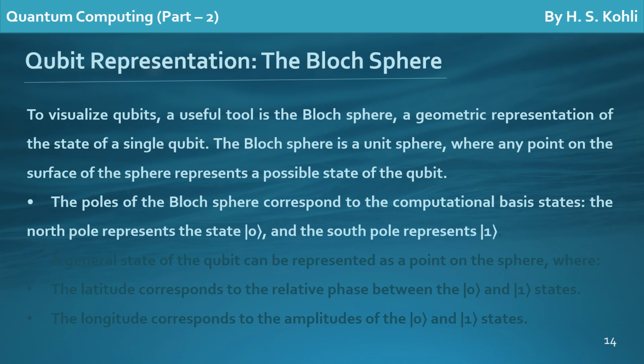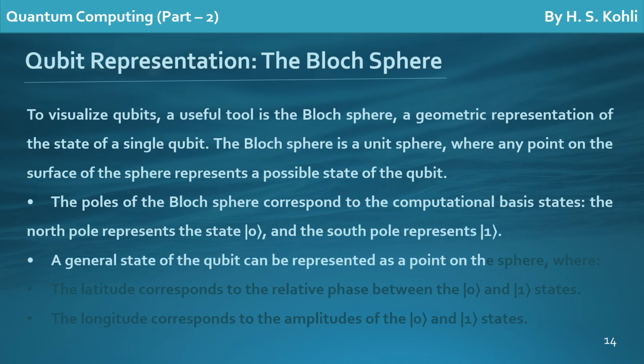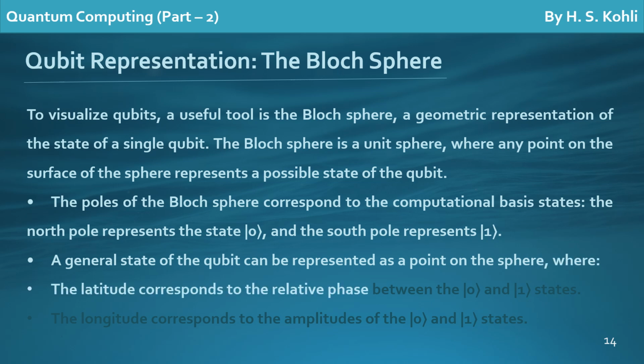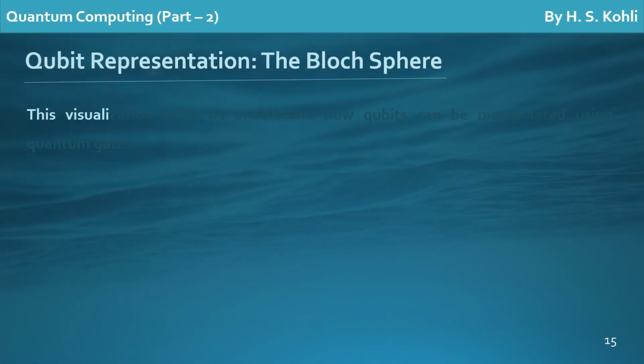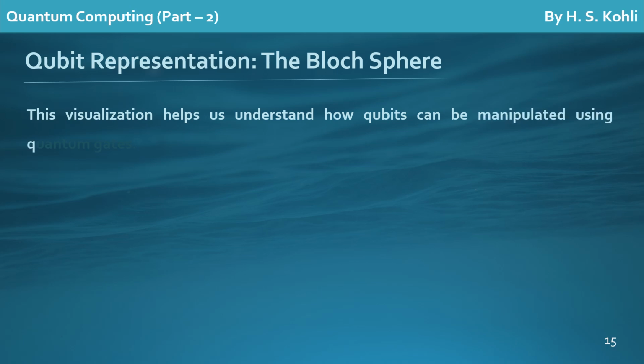A general state of the qubit can be represented as a point on the sphere, where the latitude corresponds to the amplitudes of the ket 0 and ket 1 states, and the longitude corresponds to the relative phase between them. This visualization helps us understand how qubits can be manipulated using quantum gates.